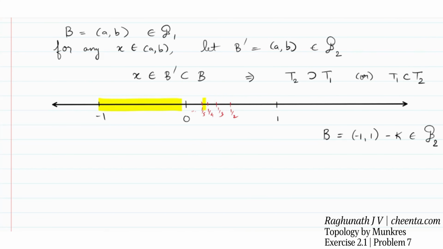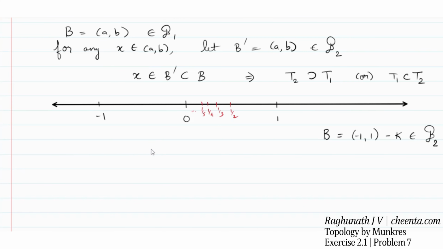So now, is it possible to find a basis element of topology T1 that is containing 0 and entirely contained in capital B? That is, this set. Is it possible to find?